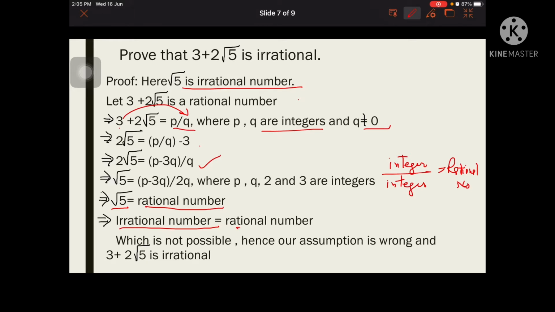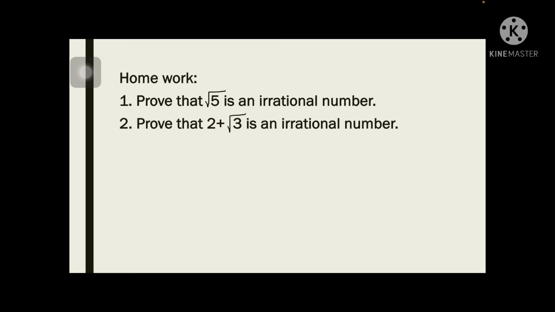So we get irrational is equal to rational, which is not possible, students, because one side is rational and the other side is irrational, so they are not equal. Hence our assumption is wrong, and we can say that 3 plus 2 root 5 is irrational. I think, students, all of you understand this process, and you can easily prove questions like this now.